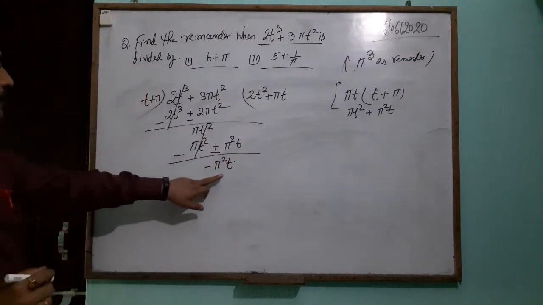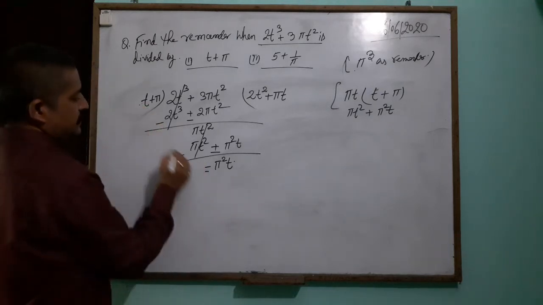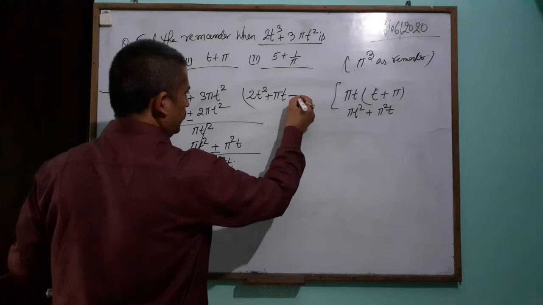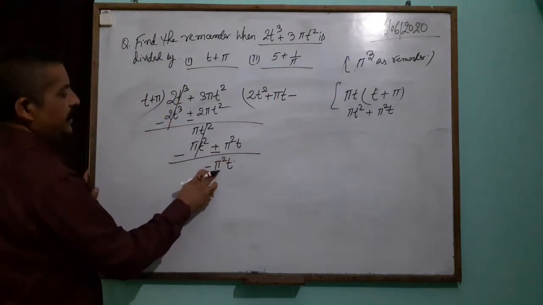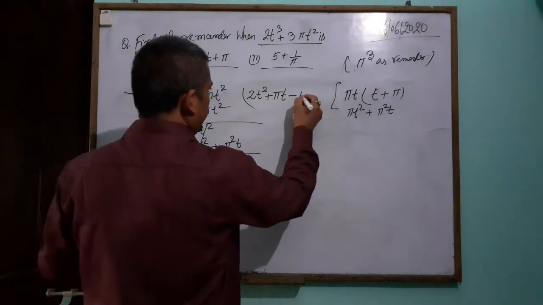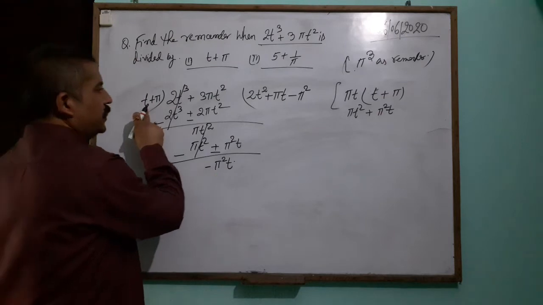First, we change the sign from plus to minus. The coefficient is 1 and the coefficient is π², and the power of t is 1, so we multiply by just 1.